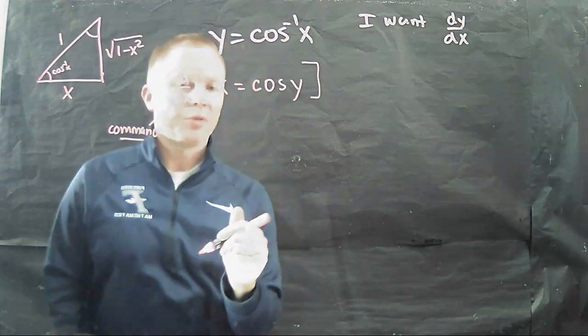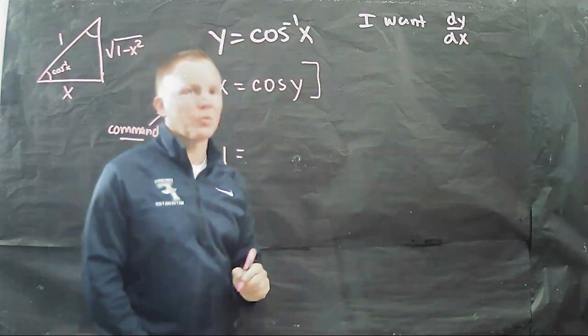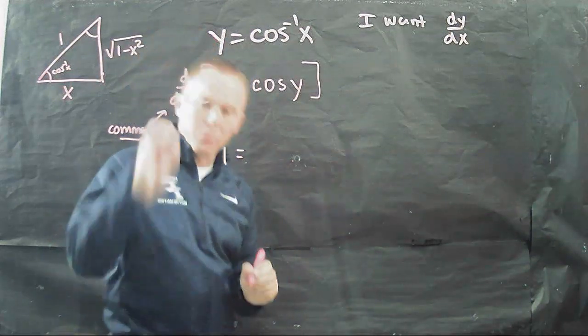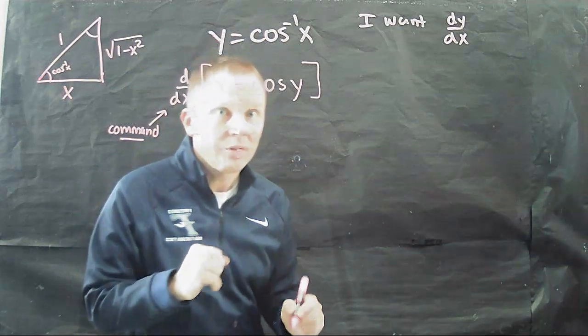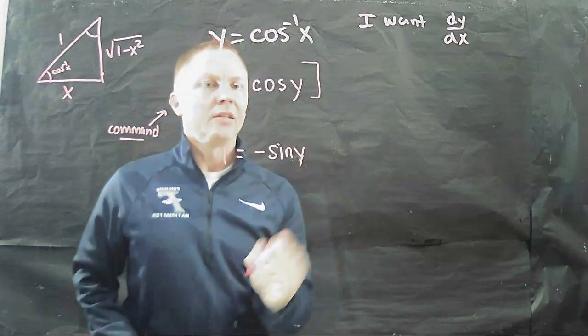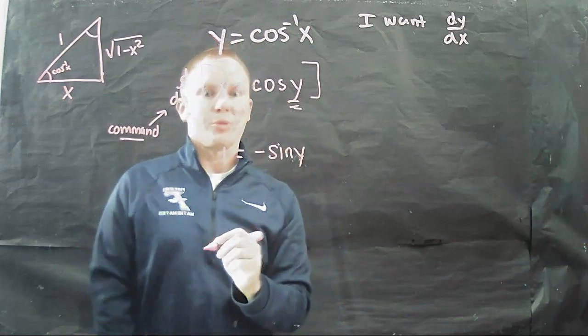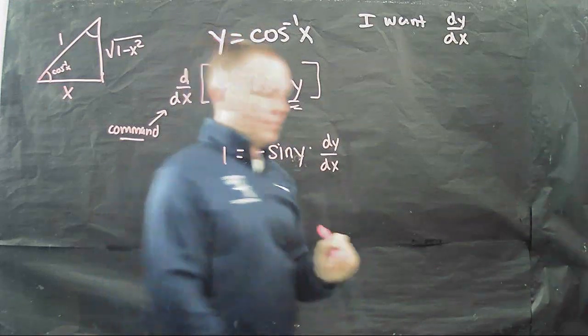So, what's the derivative with respect to x of x? 1. What's the derivative with respect to x of cosine of y? We're going to use the chain rule here. It's negative sine of y times the derivative of y with respect to x. Okay?